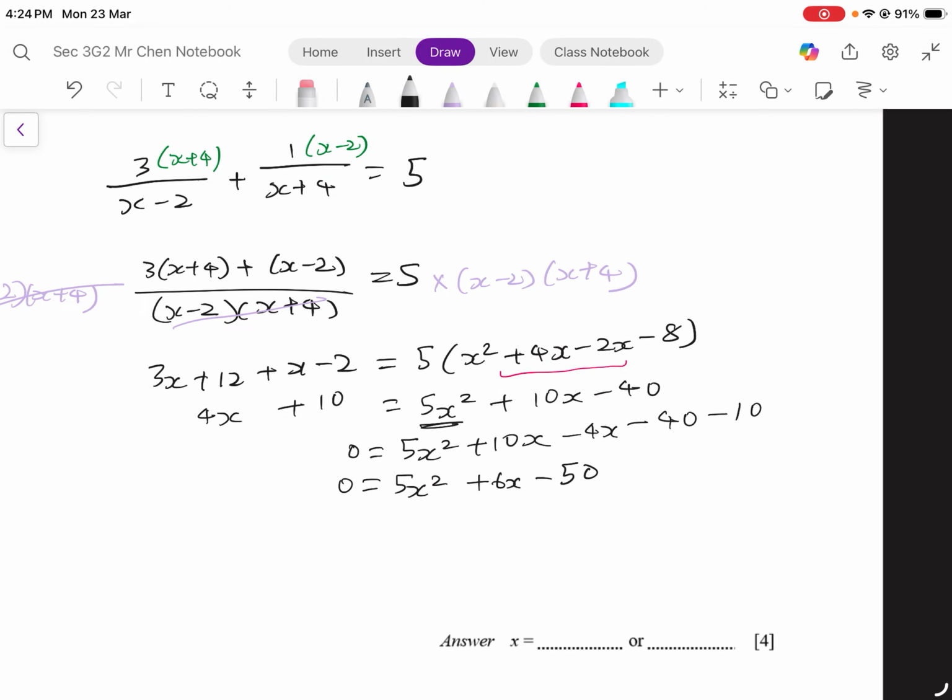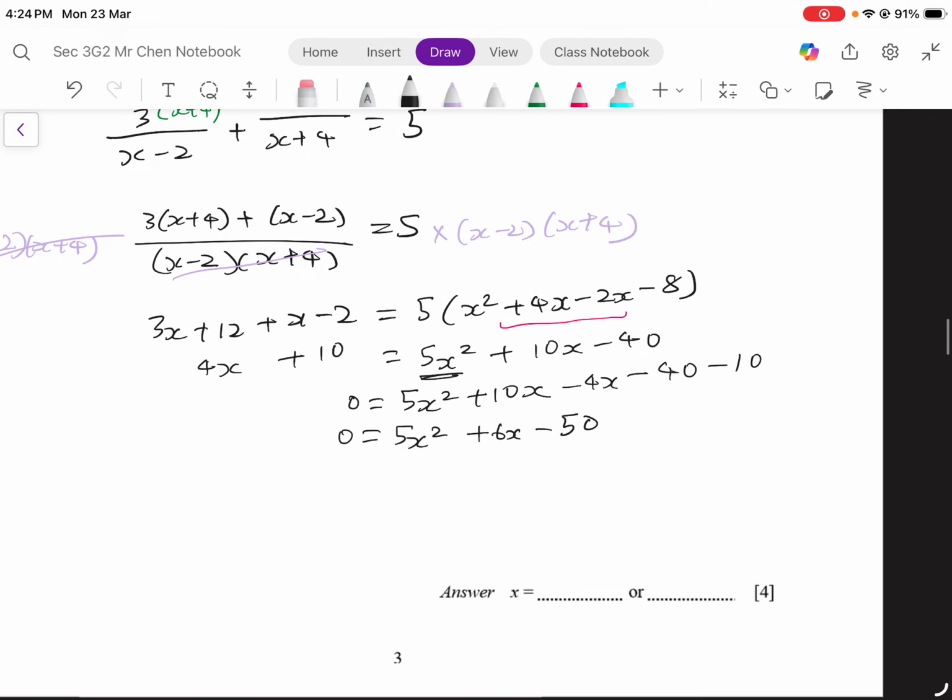Okay, so again, back to the quadratic formula, because you need to use it to get your two decimal places. Alright, so your a is here, b here, c here.